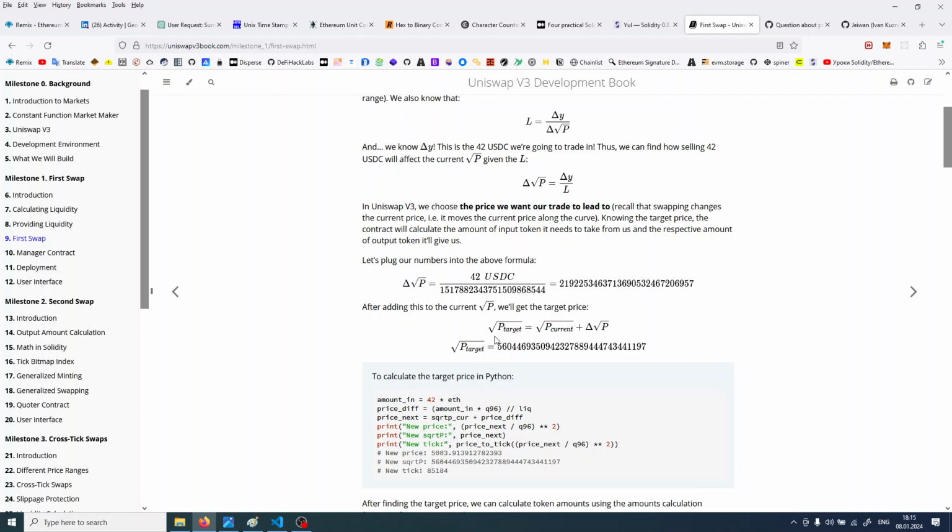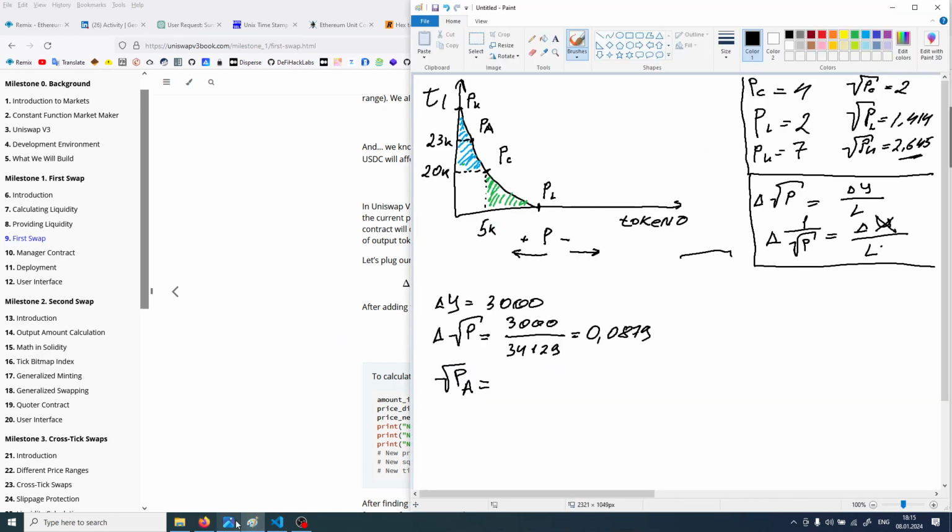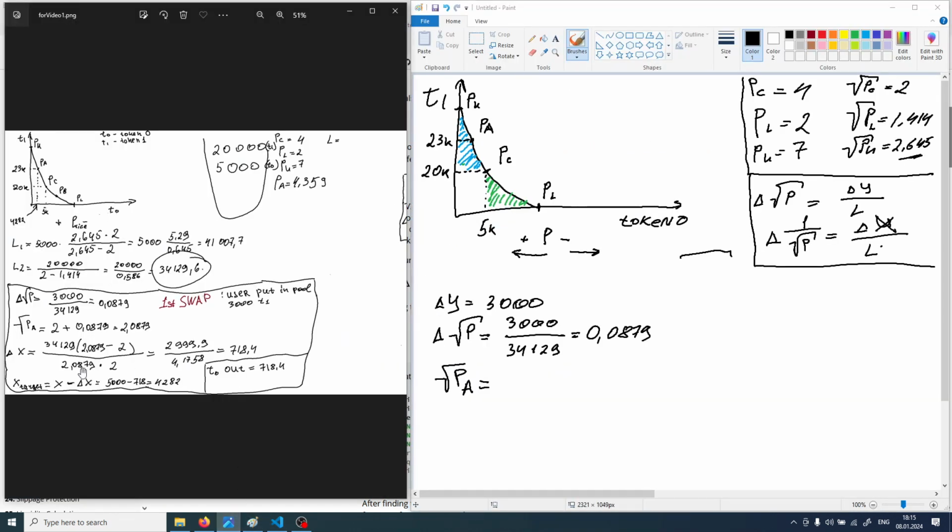Just do algebraic actions and we can say that p target will be p current plus delta square root p, which will be 2.0879.